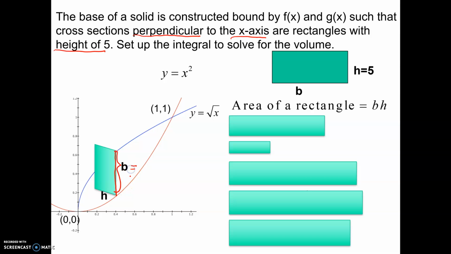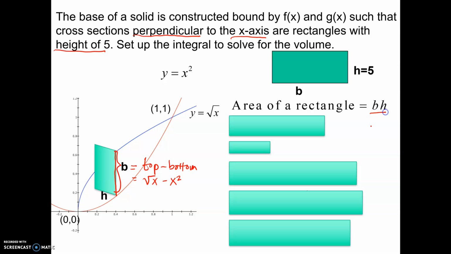And if I want a positive dimension, I always want to do big minus small, so we do top minus bottom, which in this case, our top function is the blue graph, which is radical x, and our bottom is the red graph, which is x squared. And I don't need to change these equations because they're already in terms of x.